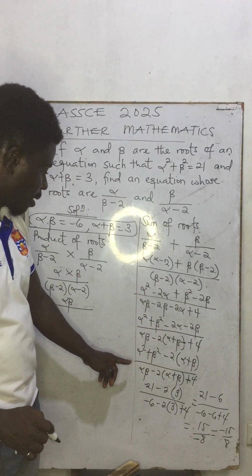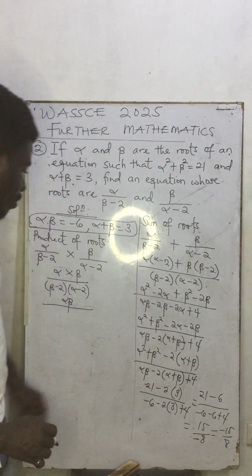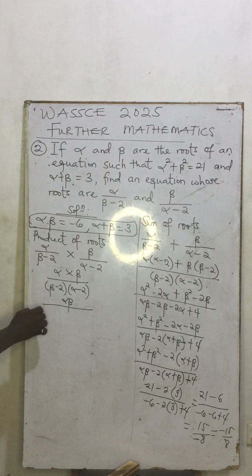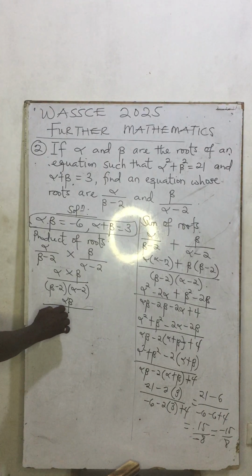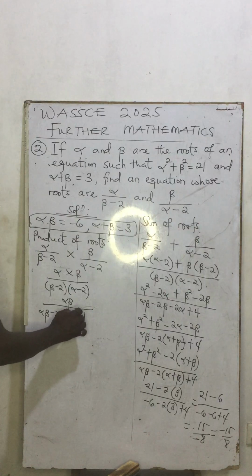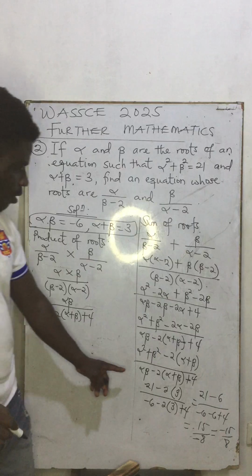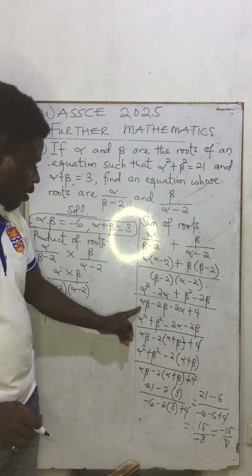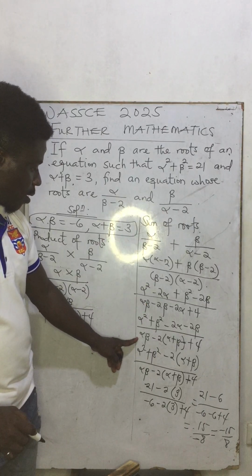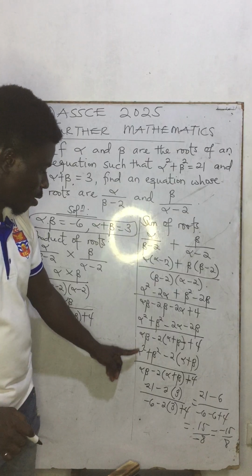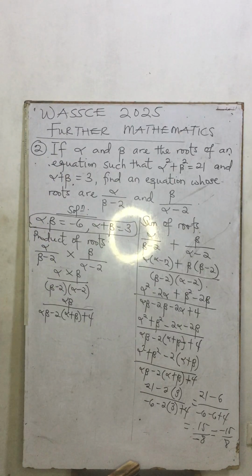When we multiply that, we obtain alpha beta minus 2, alpha plus beta plus 4. That's what we obtain here. So we came to this, right? So it's the same thing too.